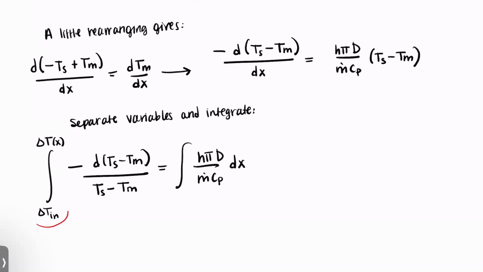Just to make this abundantly clear, delta T in equals Ts minus Tm in, and this is equal to Ts minus Tm of x.